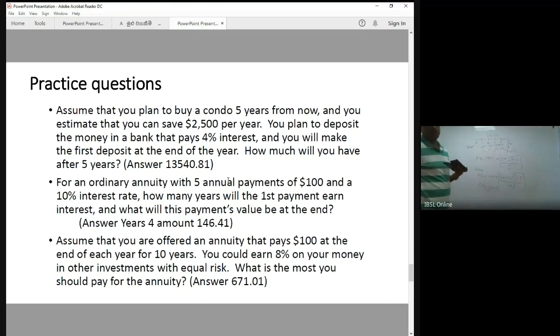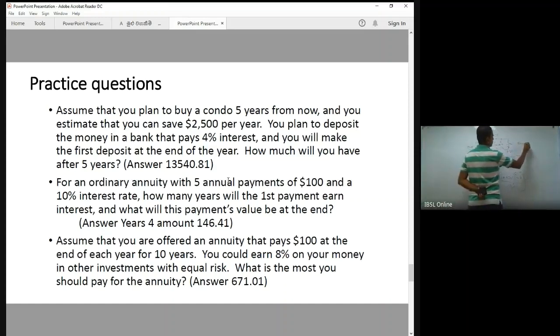Question is, how many years will the first payment earn interest, and what will the payment's value be at the end? Okay, so the first payment will earn interest 4 times. What will be the value at the end? Right. So what is the value of this $100 only? Future value is present value into 1 plus r to the power n.